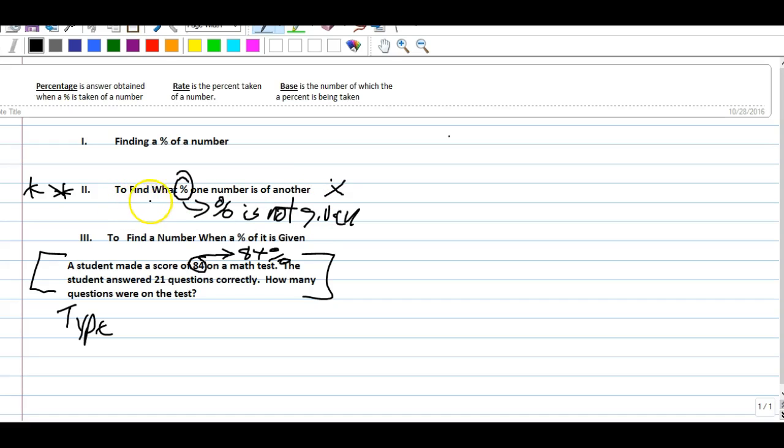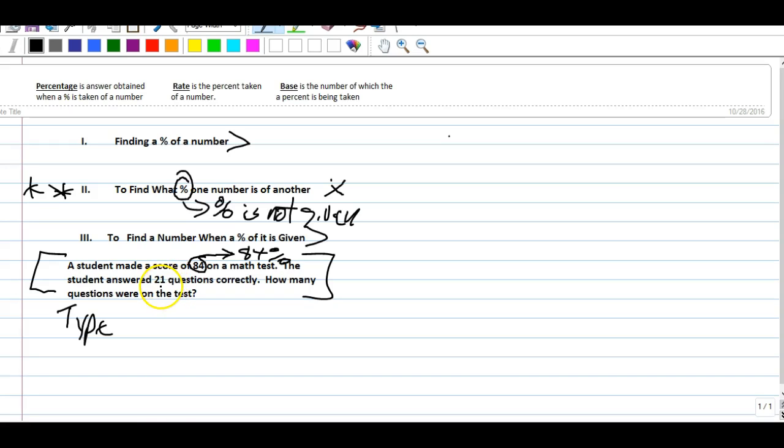It's not finding what percent one number is of another. So that leaves us with two possibilities. It's either this or this. Now, if I were finding a percent of a number, then I would drop the percent, change the percent to a decimal, and multiply. If I found 84% of 21, that gives me a number less than 21. 100% of 21 would be 21.